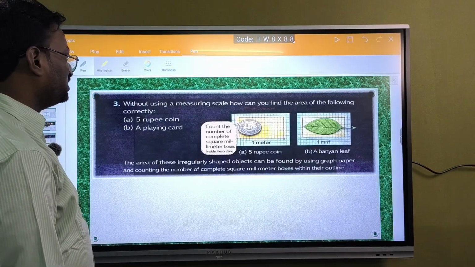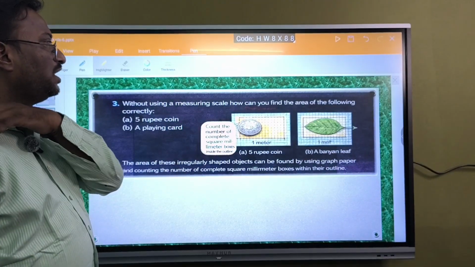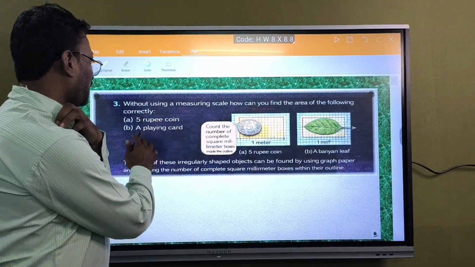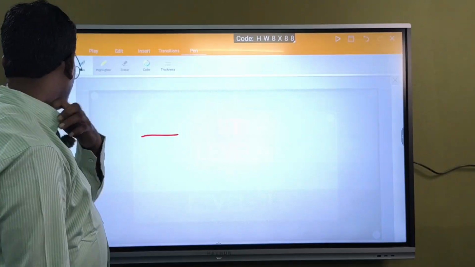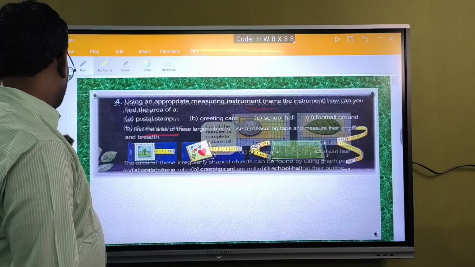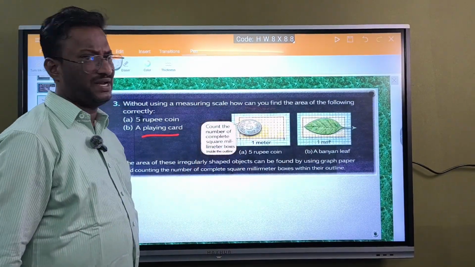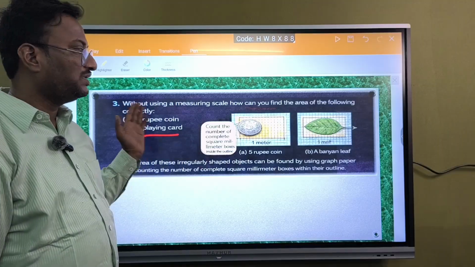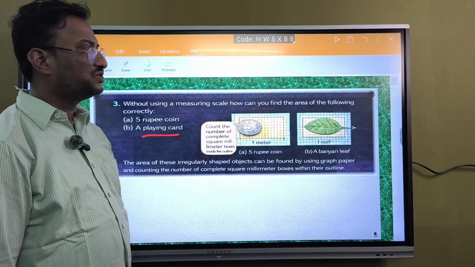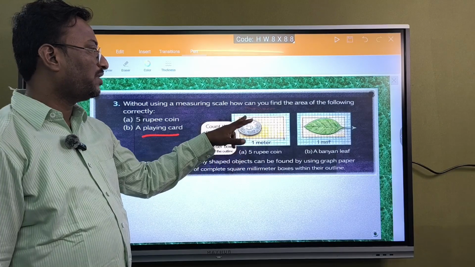The next problem is, without using a measuring scale, you have to find the area of a 5 rupee coin and a playing card. How are you going to find it? Through graph paper, as we have already done in the previous concepts. We can count the number of full squares.